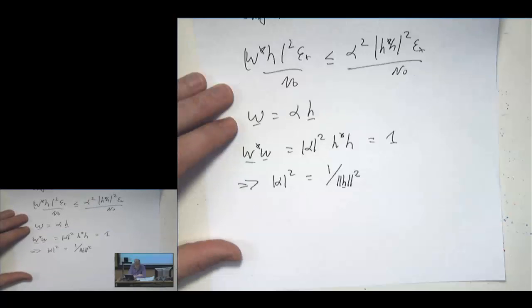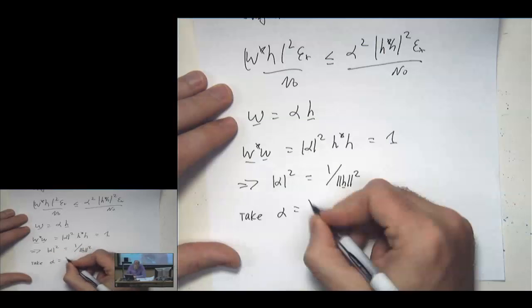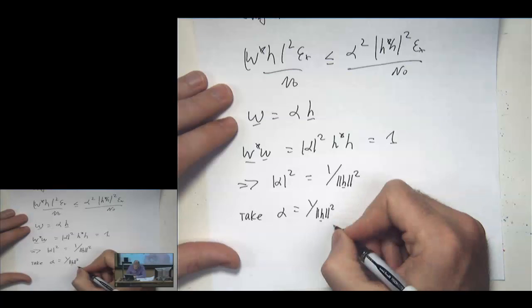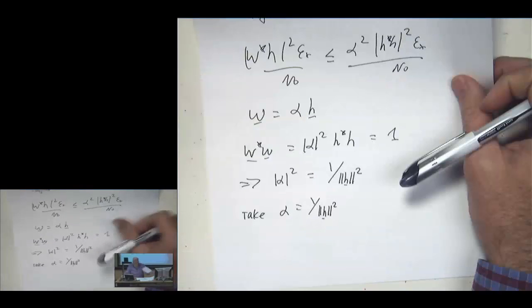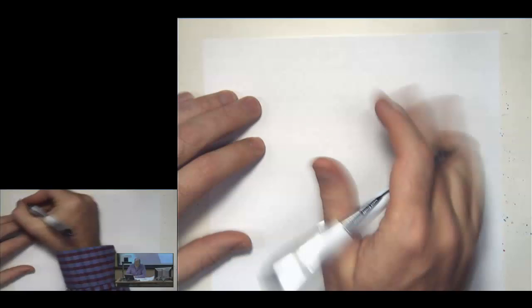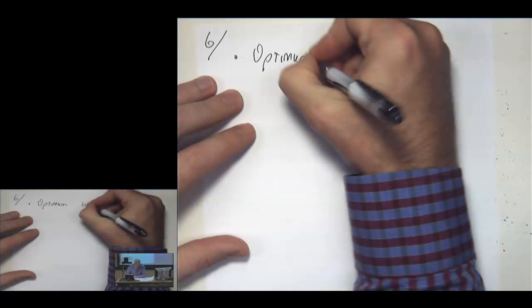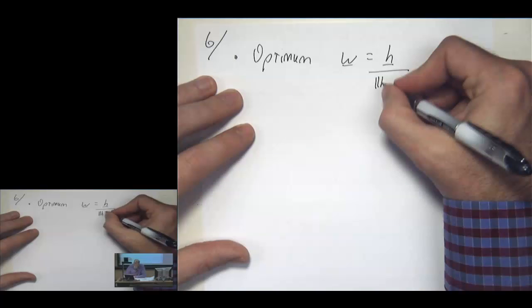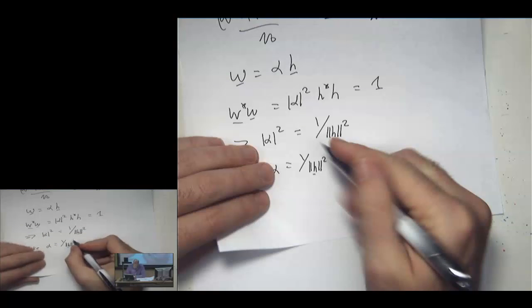And so you have a degree of freedom here because the phase is unspecified, so you can put whatever phase you want, but we typically take just alpha to be 1 over the norm of H. Okay, and so with that, we get that the optimum beamformer is equal to H divided by the norm of H. Sorry, there is a square root here, I forgot the square root.